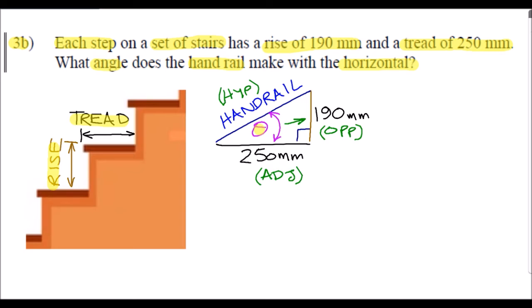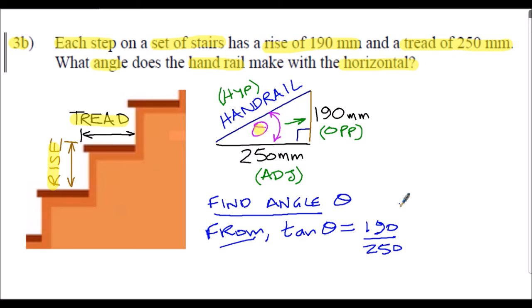I think it's fairly clear to see here, given the opposite side and the adjacent side of the triangle, that we need to use the tan function to find the angle theta for the handrail. So tan theta is equal to the opposite side, 190mm, divided by the adjacent side, 250mm. We can evaluate the angle theta.